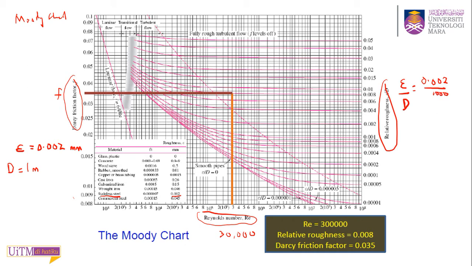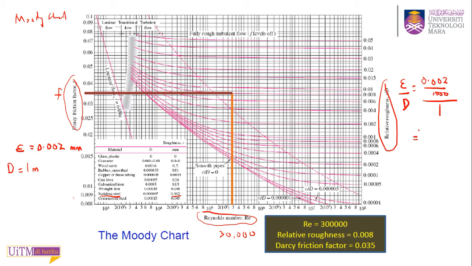To get it in meters, millimeters to meters, divide by 1000, then divide by your diameter. The diameter of the pipe is 1 meter. So you will get your relative roughness equal to 0.002 divided by 1000 divided by 1.